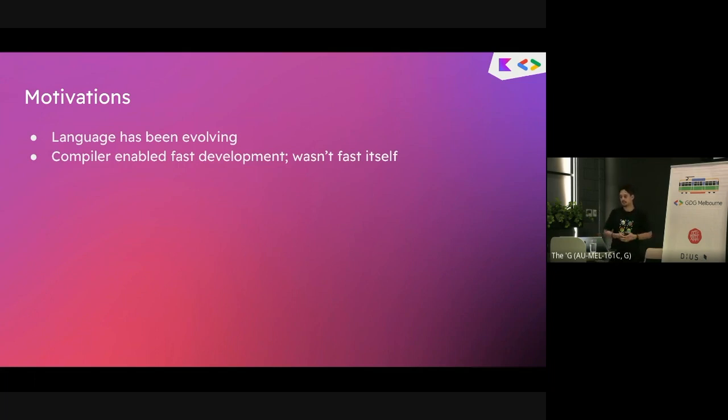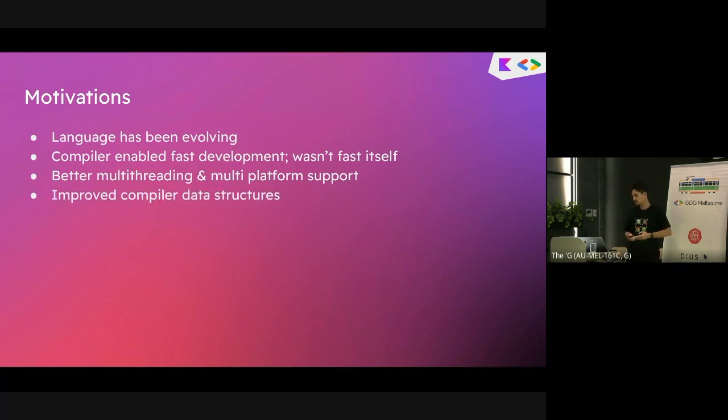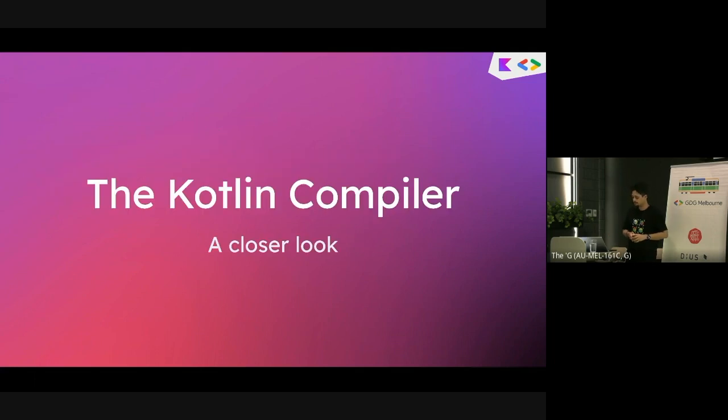It takes its time. So that's one of the motivations to make compilation time faster. They want to support better multi-threading. They want to support better multi-platform. It works right now, but they have a roadmap where it's even better. And the improved compiler data structures which are used internally. I'll be talking about them briefly in just a while.